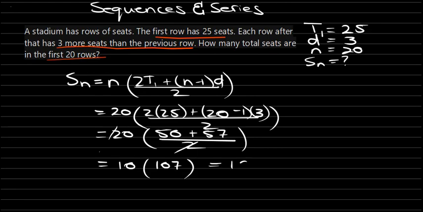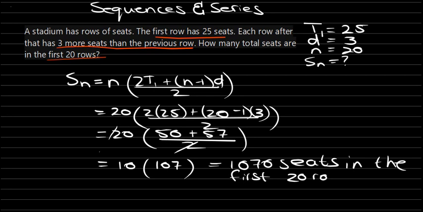And then we get that we have 1070 seats in the first 20 rows. Okay, cool. So this is one example of how we apply an arithmetic series to a real life problem or real life challenge.